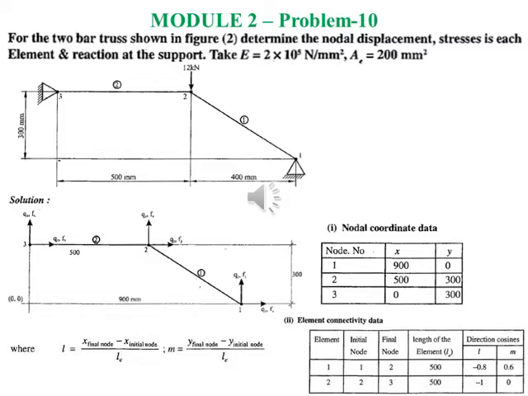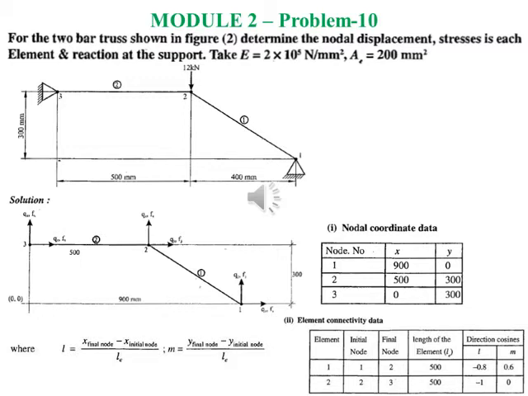Length of the element is, for element 1, square root of 300 square plus 400 square, that is 500 millimeters. For element 2 also it is 500 millimeters. Directly we can see from the diagram.